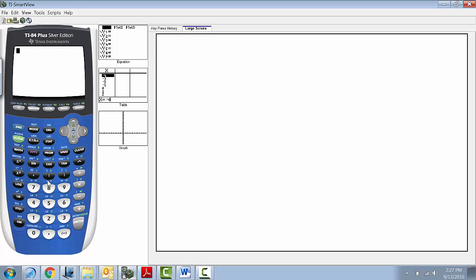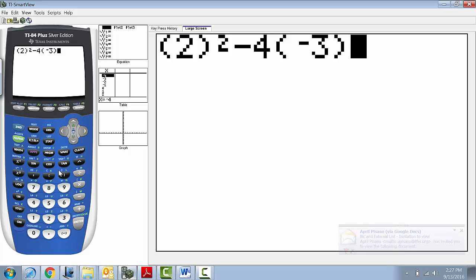I have parentheses, 2, close parentheses, squared, minus 4, parentheses, a was negative 3, negative 3, b is negative 1. Make sure you're putting in negatives and not minus signs.